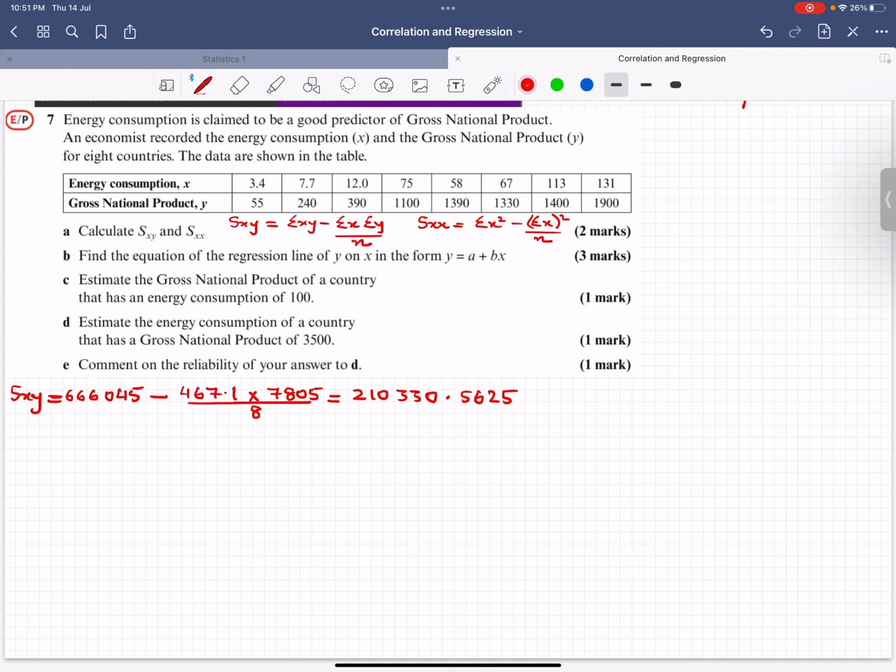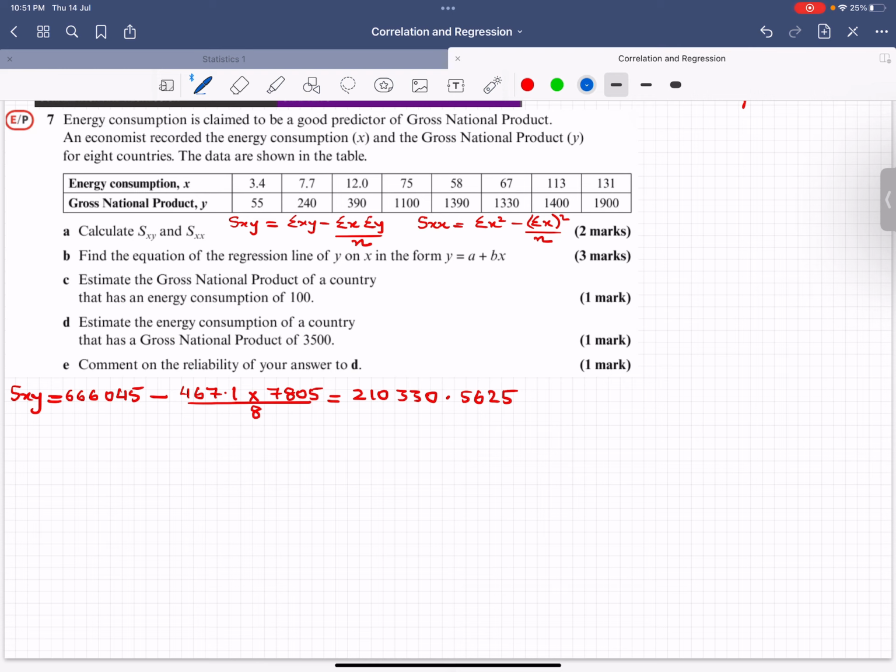Now let us calculate our SXX value. So for SXX, we require sigma X squared. So we take X value, square it, 3.4 squared, add to it 7.7 squared, add to it 12 squared, add to it 75 squared, and so on and so forth till the end. That gives us sigma X squared.